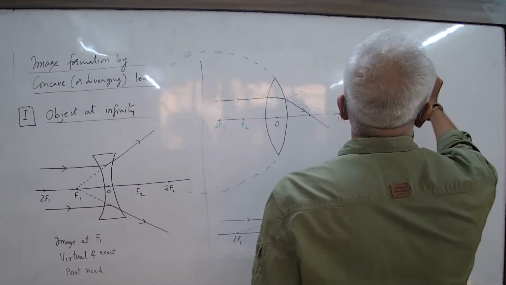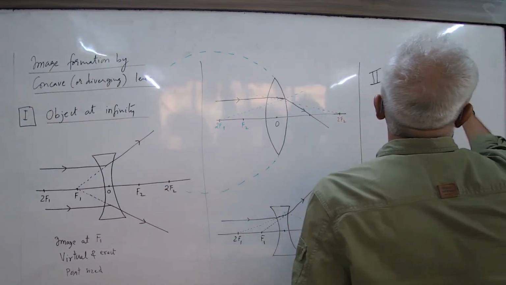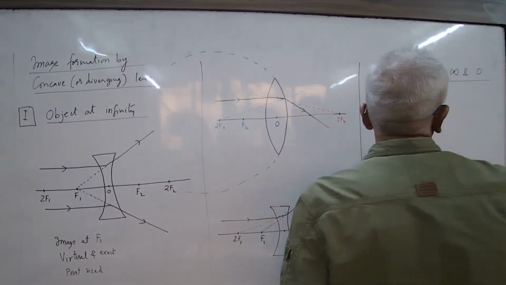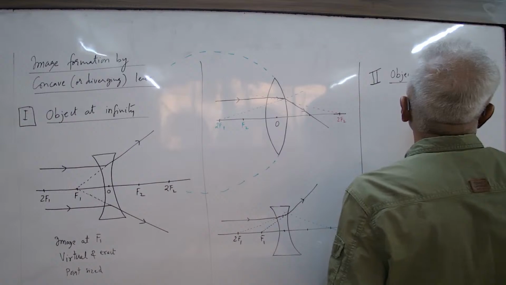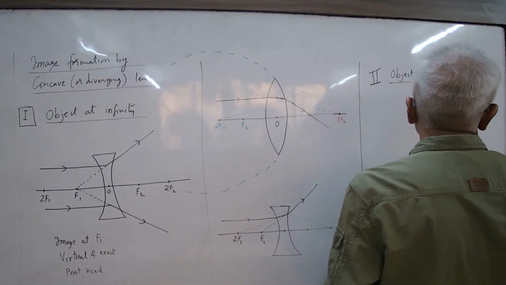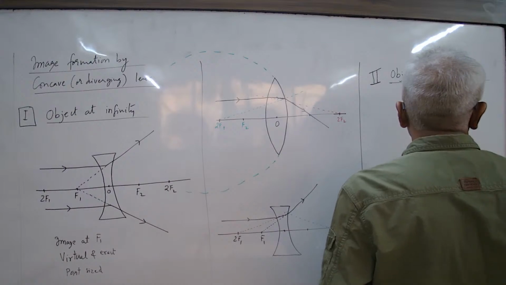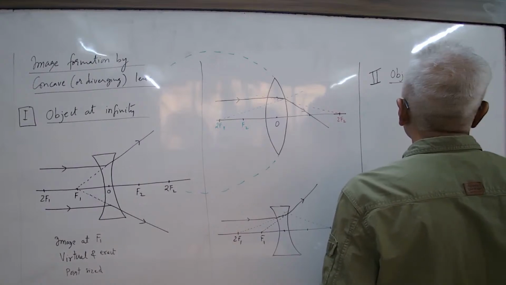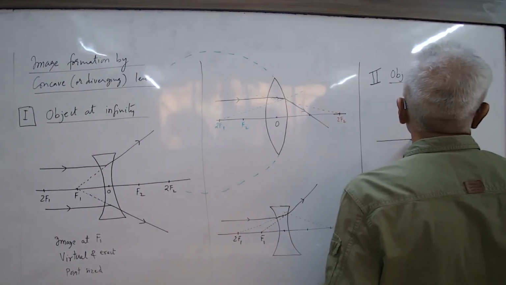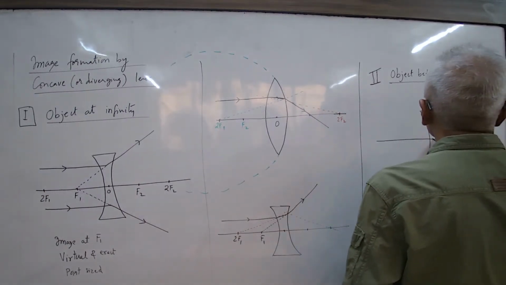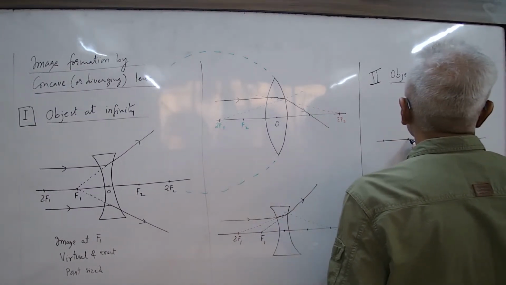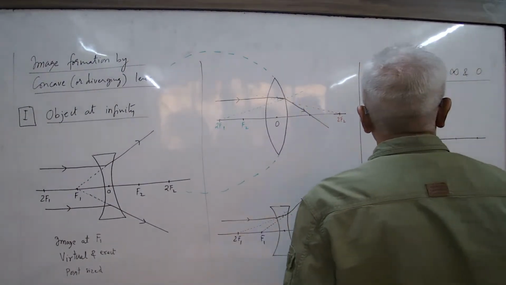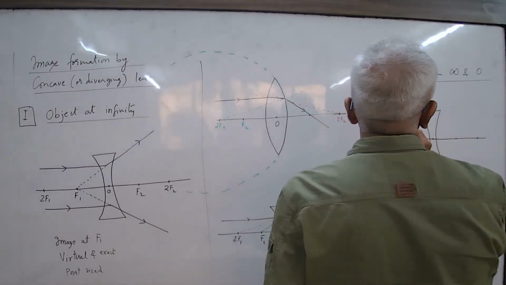So the object is between infinity and O. Let us say the object is here.